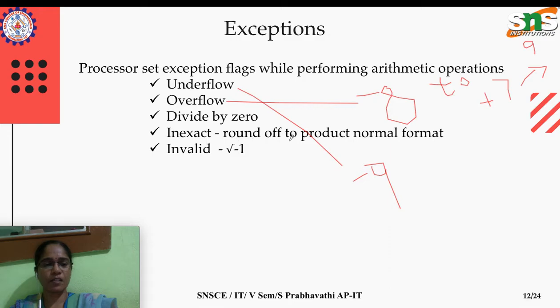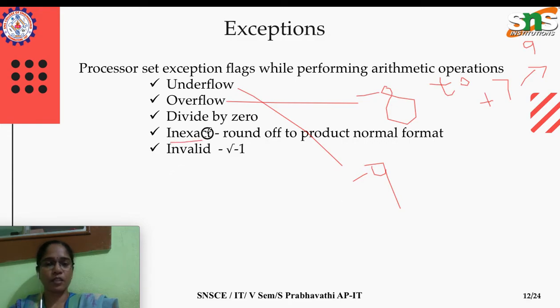Inexact means that when we handle real numbers, the digits keep on going, so there is a need to round off to get the normal format. If my mantissa is 4 bits after the decimal point, and after the operation I get the mantissa in 5 bits, I need to reduce that 5 bits into 4 bits, so I need to either round off or chop off the last bit.